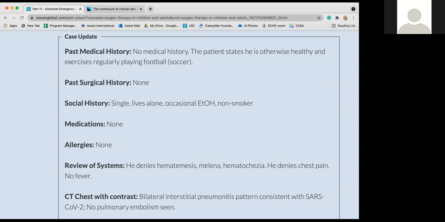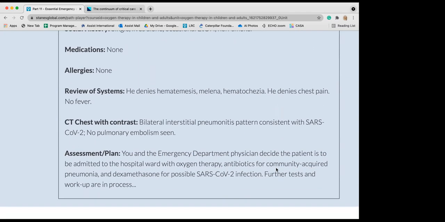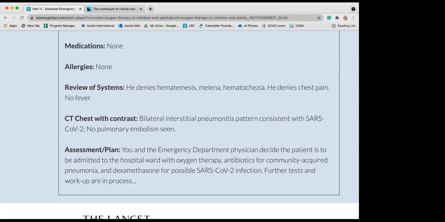On review of symptoms, he denies emesis, melena, hematochezia, denies also chest pain, and no fever. But the chest CT scan, which was done under contrast, showed a bilateral interstitial pneumonitis pattern consistent with SARS-COVID, no pulmonary embolism seen.